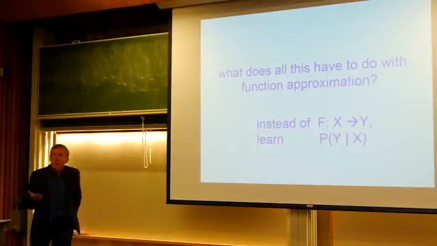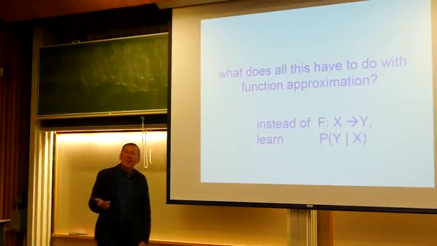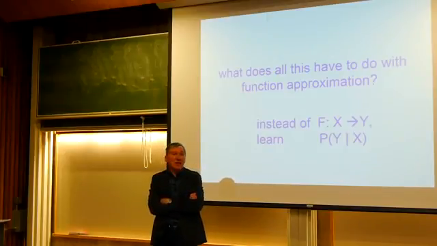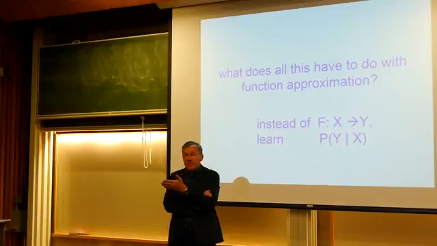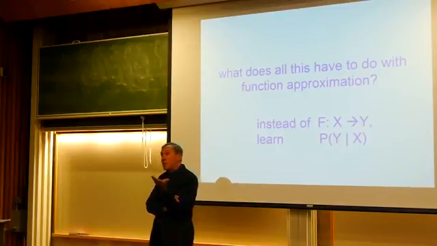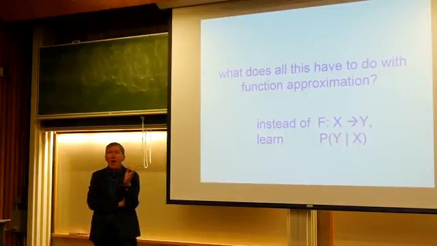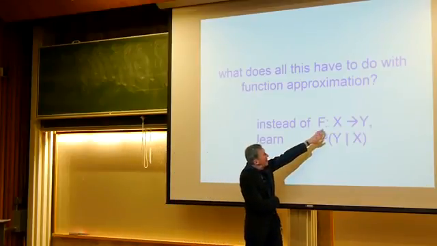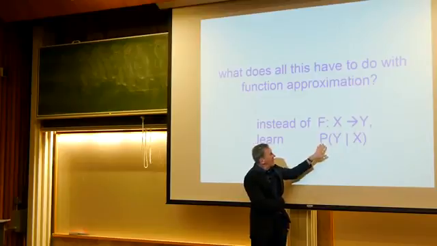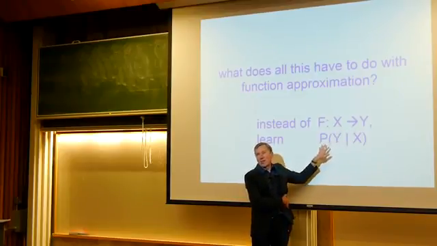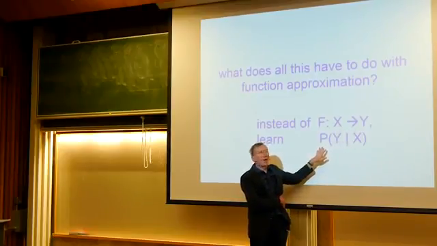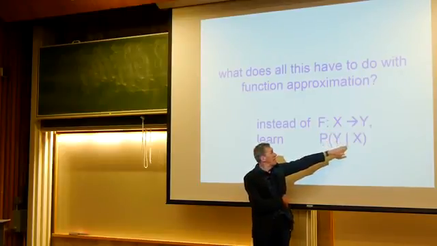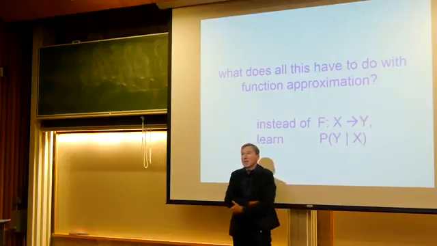Okay, so now why are we doing this? We said before that we're very interested in function approximation, that is, coming up with learning algorithms that can learn functions from x to y. Well, if you think probabilistically, if I have an x and I want to predict y, another almost equivalent thing I can say is I just want to know the probability distribution over values of y conditioned on values of x.